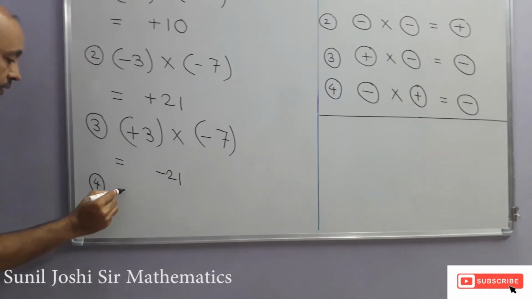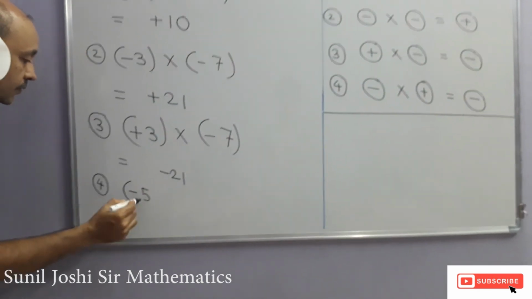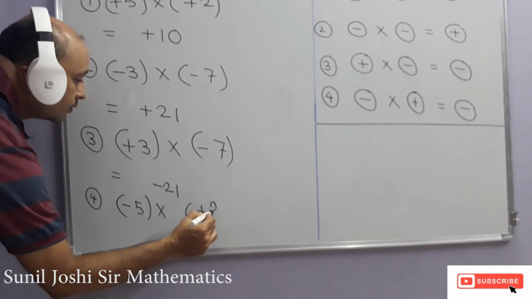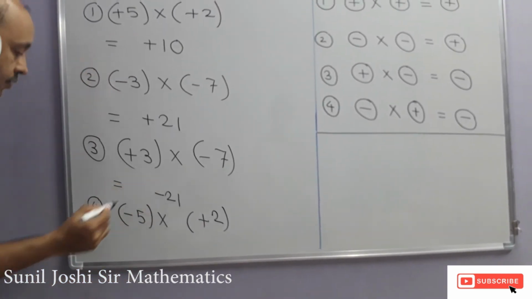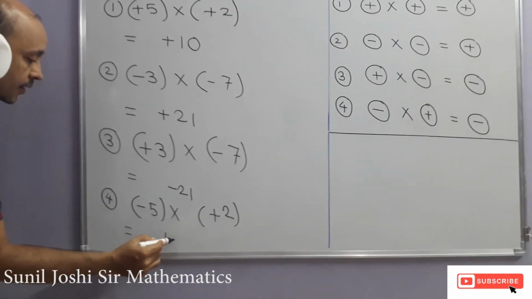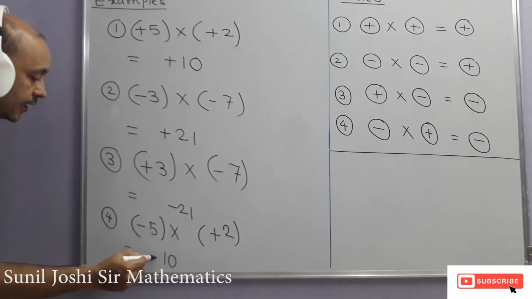Fourth one, it is negative 5 multiplied by positive 2. So what is the answer here? That is 5 twos are 10, and negative into positive, the answer is negative.